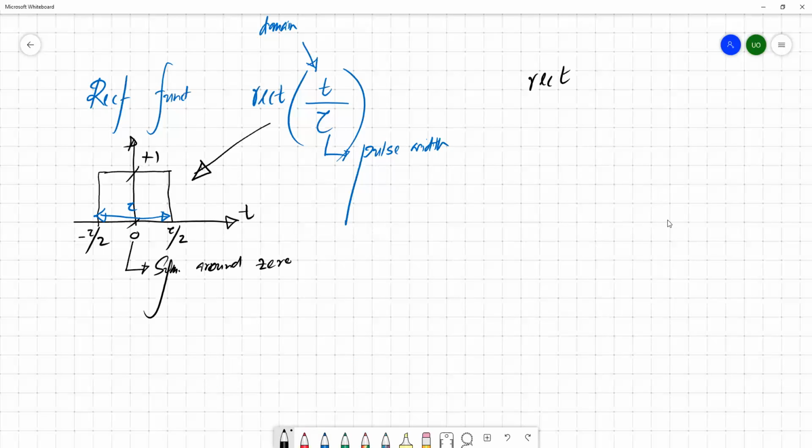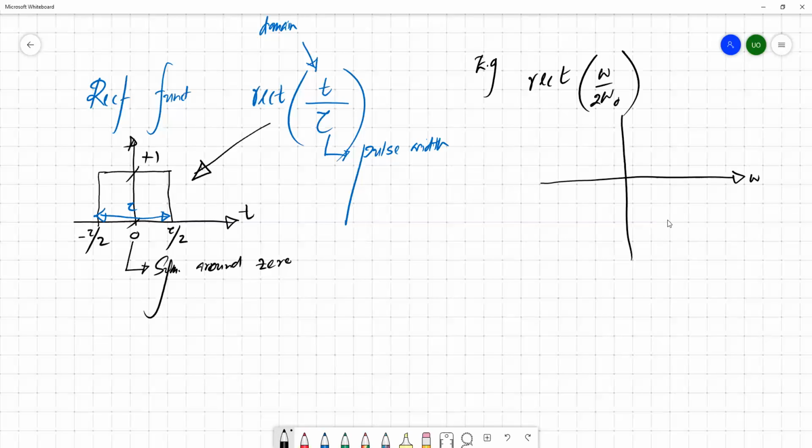Take this example: rect of omega divided by 2 omega naught. So your independent variable, or the domain, is omega. This is a rectangular pulse, and here the magnitude is 1.